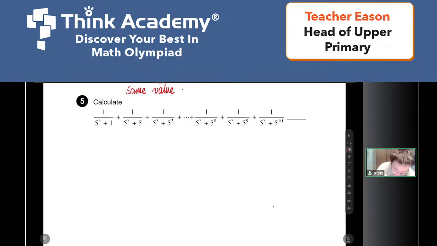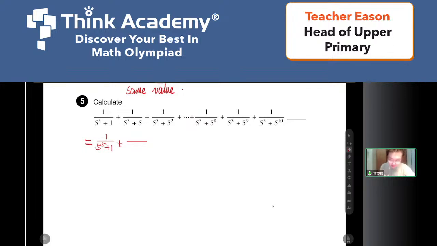Now, to solve this part of the question, maybe we can try an easier way. Firstly, we can see there are many 5s on the denominator.